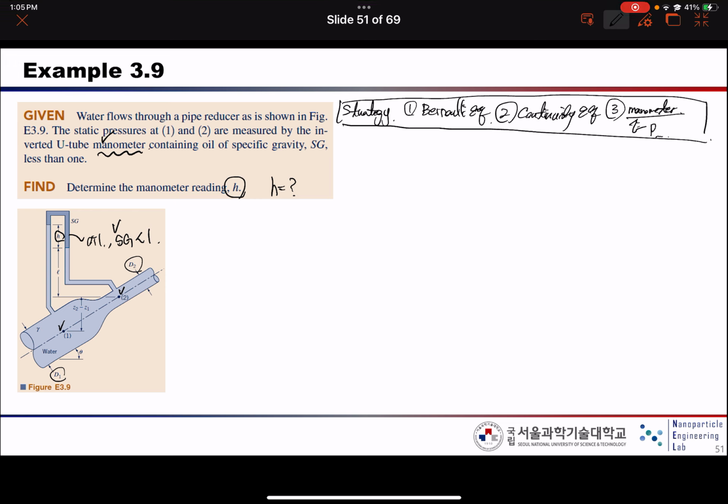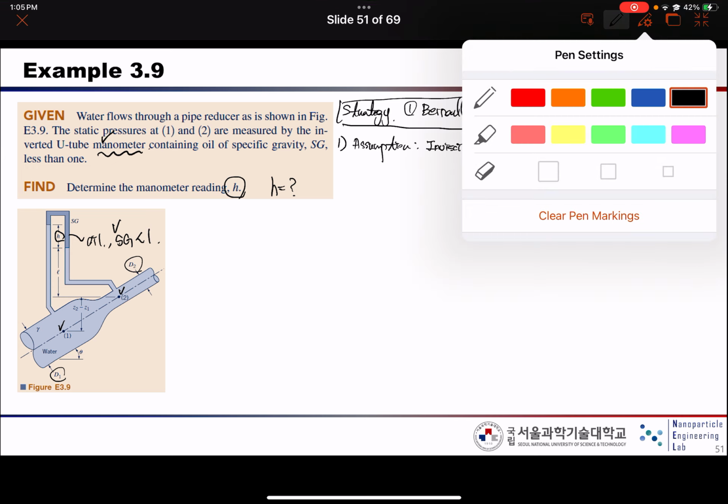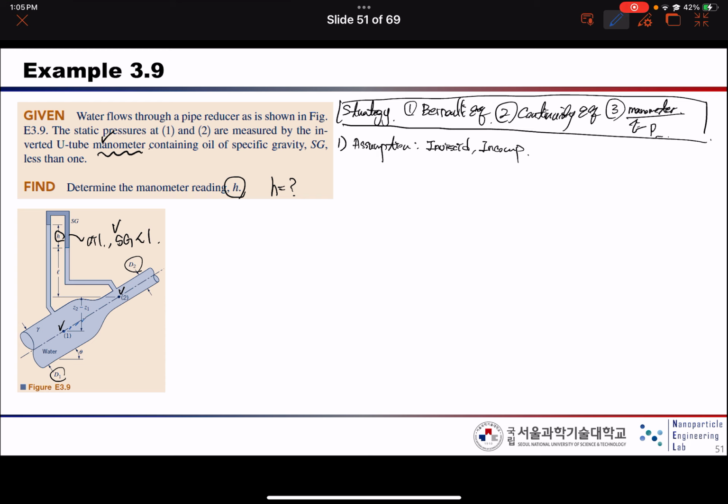So first we need to use the Bernoulli equation. So let's make an assumption. Assumptions: first, inviscid, and second, incompressible, and third, it should be within a streamline, and also steady.